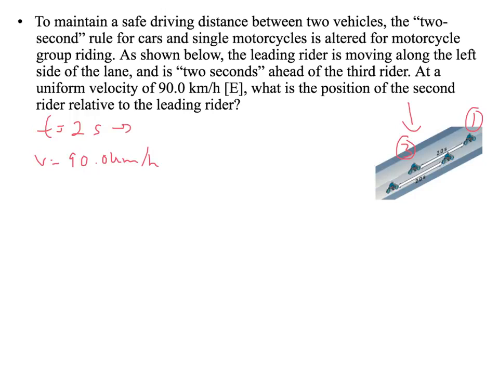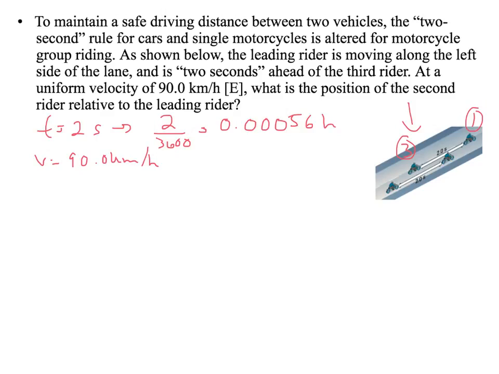Seems the easiest thing to do. 2 seconds. Okay, we take 2. We're going to divide that by 3,600 because there's 3,600 seconds in an hour. And we are left with 0.00056 hours.